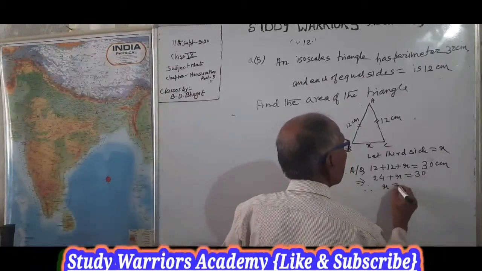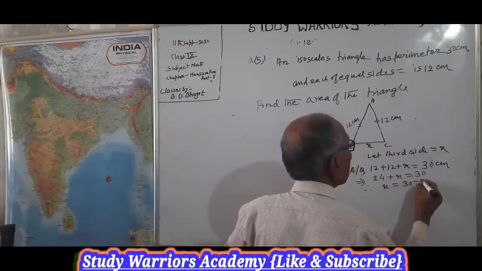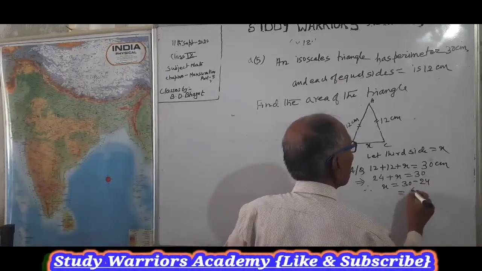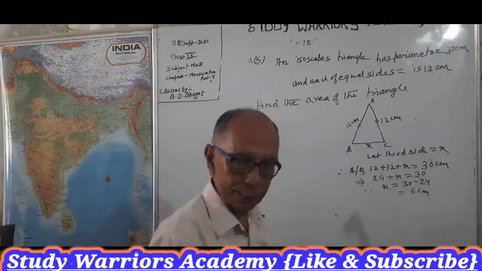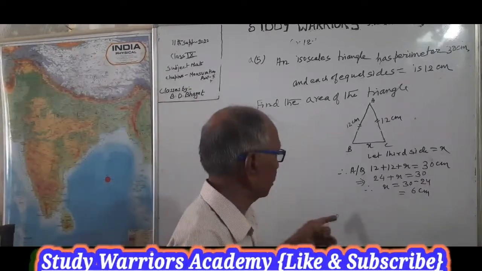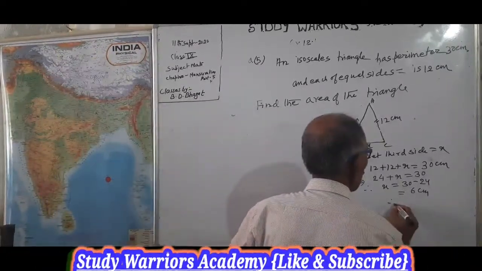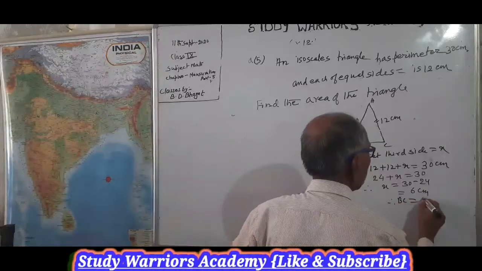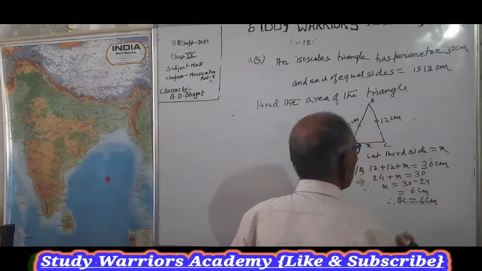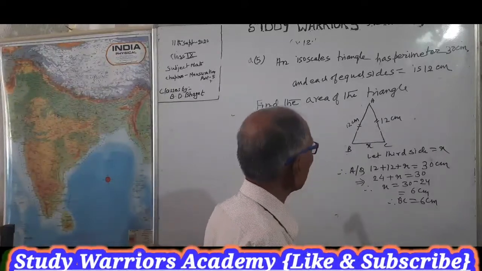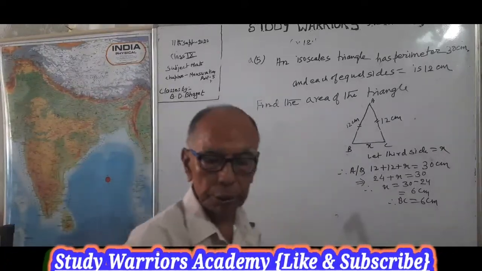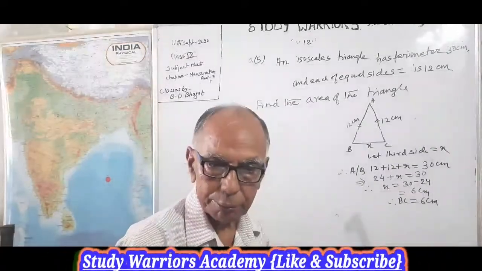Therefore, x is equal to 30 minus 24, 6 centimeter. So, BC is equal to 6 centimeter. Now you can do the sum using Heron's method, but I am applying another method also.